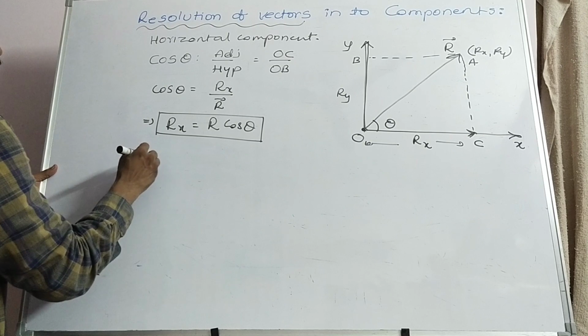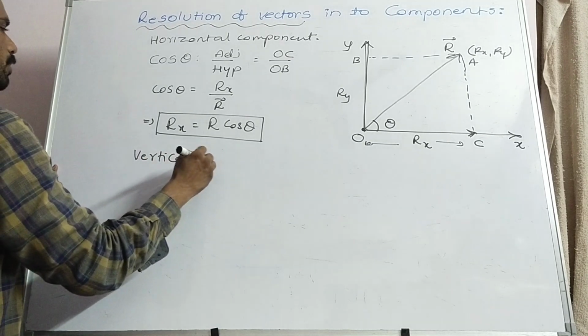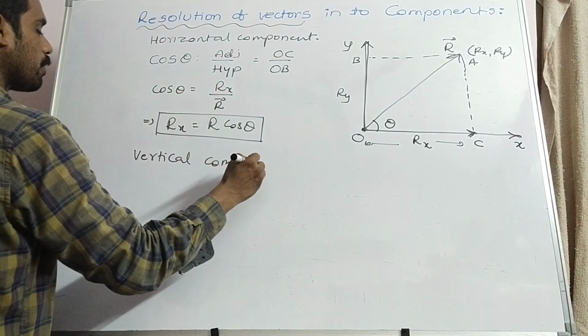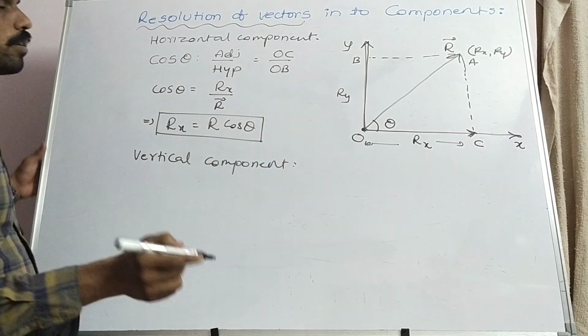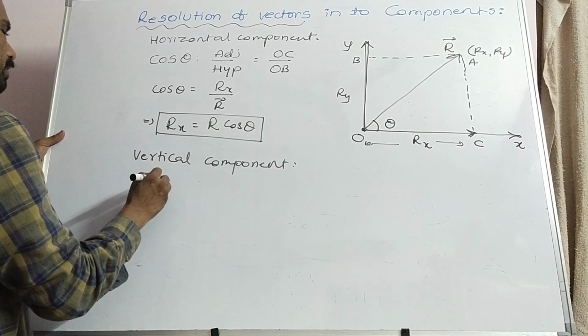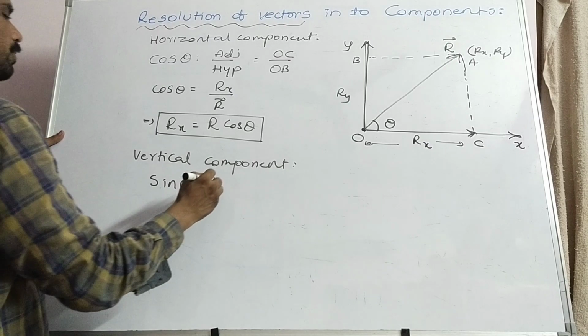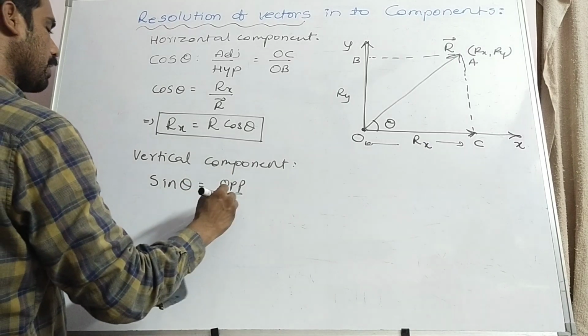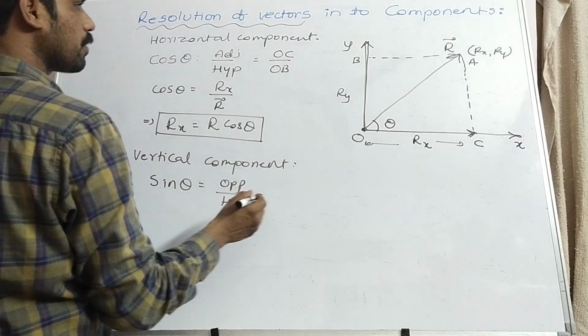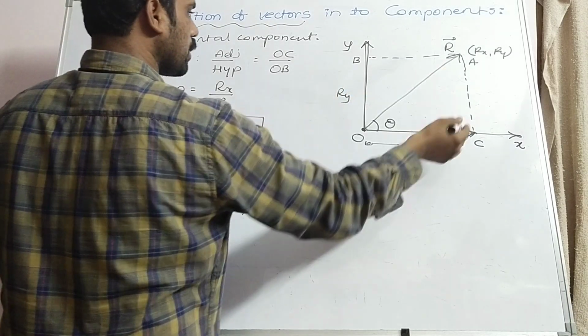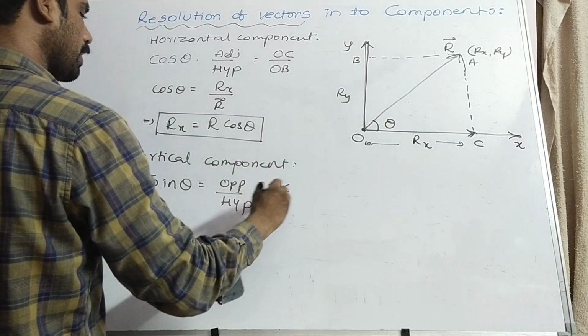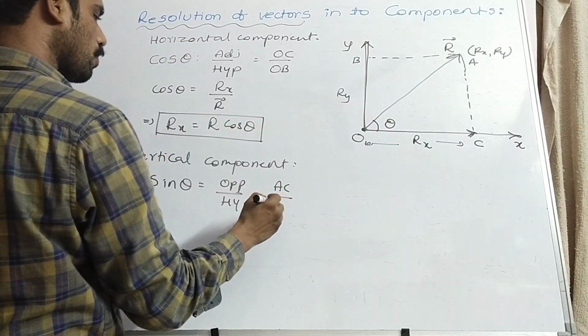And what about the vertical component? To determine the vertical component, we have to select sin theta. Sin theta is equal to opposite side by hypotenuse. Here the opposite side is AC by hypotenuse OA.